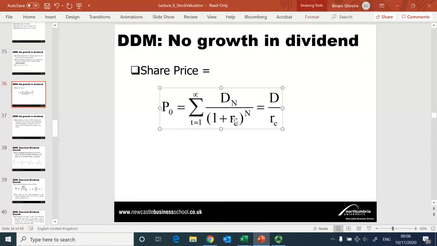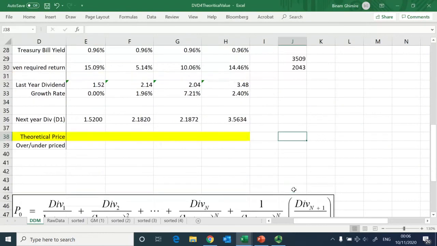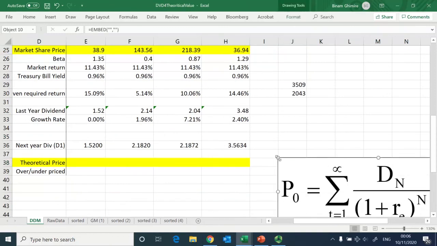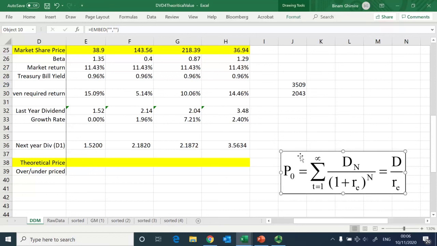So I'm going to copy this, paste it here, and you can see that the formula is this. So basically dividend is divided by the required rate of return, which in this case is CAPM given return.